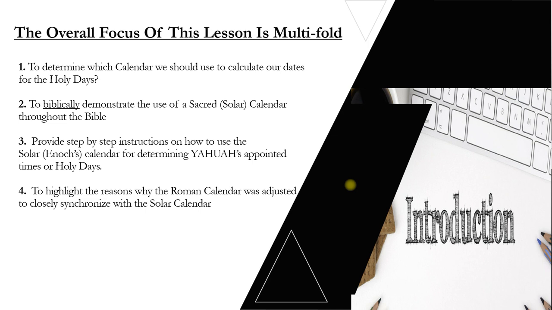And the last one, number 4, to highlight the reasons why the Roman calendar, the one we use today, was adjusted to closely synchronize with the solar calendar.